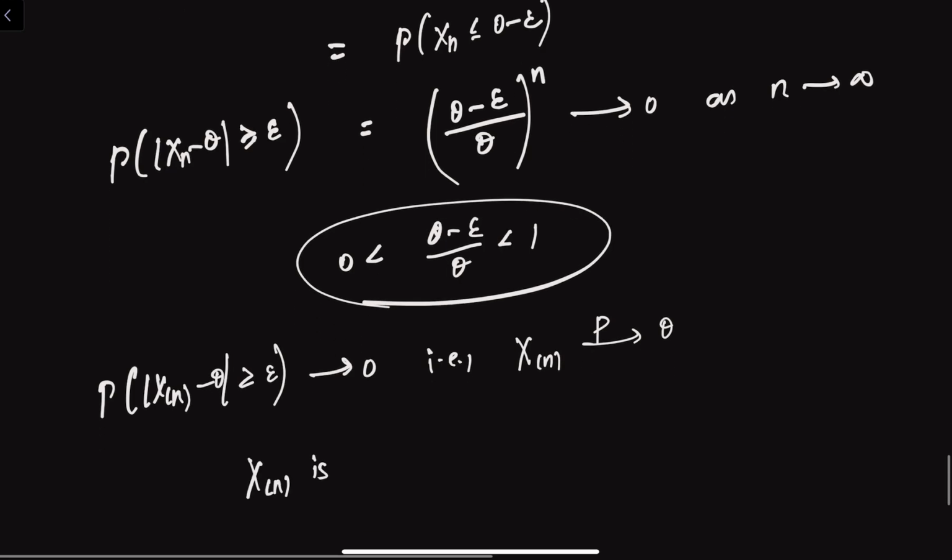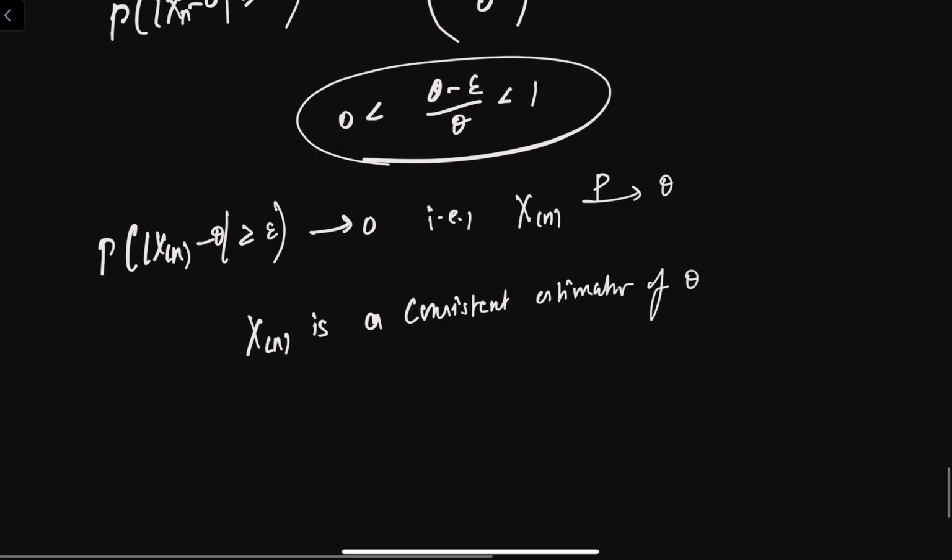Hence we can say Xn is a consistent estimator of theta. Hence we have shown that it's a consistent estimator of theta.